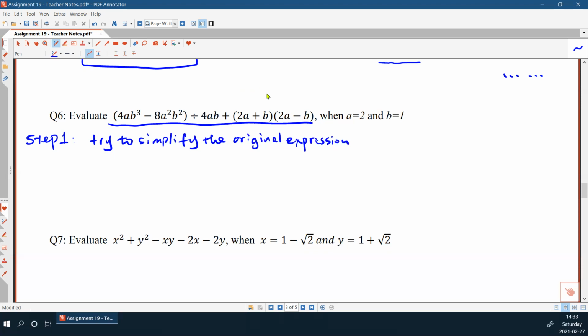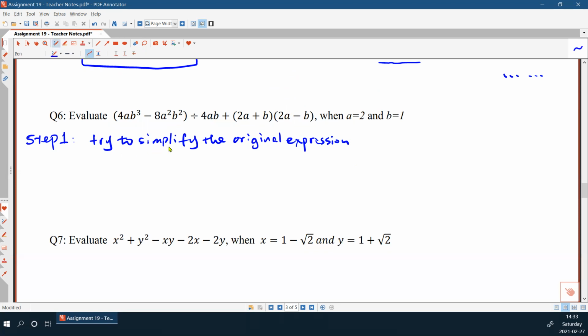Because sometimes by simplification, you will get something nice. For example, this is a very long expression, right? But if it can be simplified to something like (a plus b) squared, this is very easy, right? Then you can plug these values into the simplified expression. This will make the problem much easier, right?